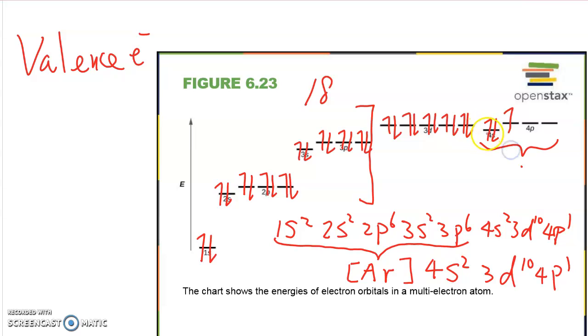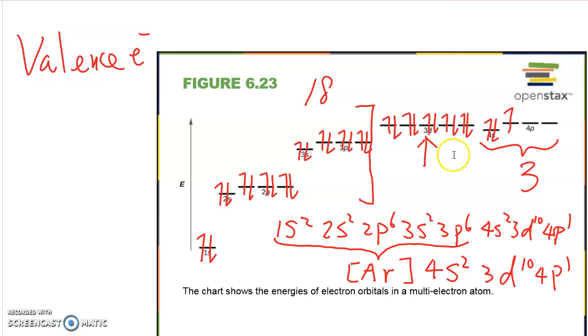I have 2 over here and 1 over here. So this one will have 3 valence electron. Once again, valence electron, we're looking at the highest coefficient over here. So the principal energy level is level 4 now. So I have 3 valence electron. Over here is the 3d, so the energy level over here is 3. So we will not count that as the valence electron.